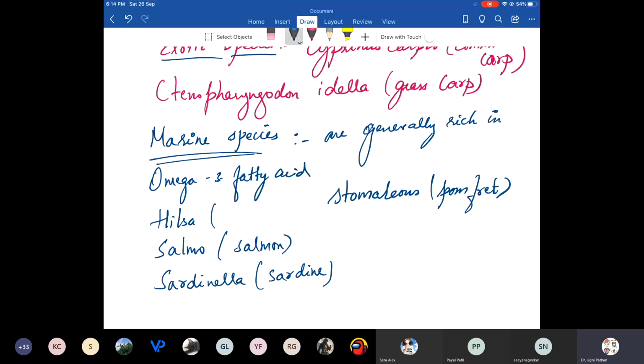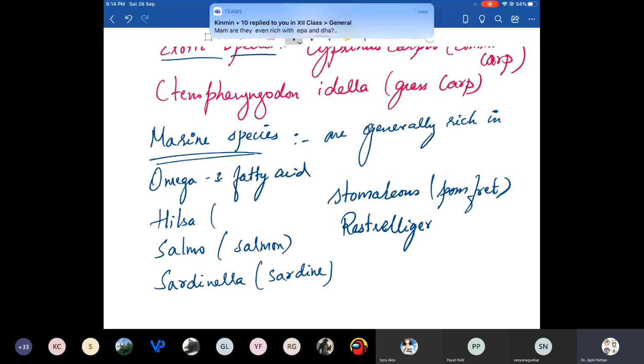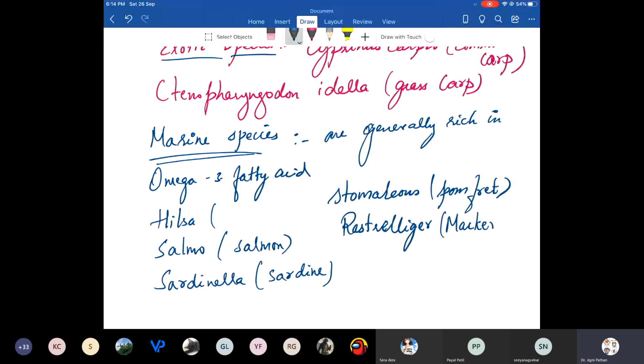Indigenous species, exotic species, marine fishes. Yeah, mackerel. You remember now all the fishes, okay? Mackerel. Yes, very good. Harpadon. Harpadon is which fish? Bombay duck. Have you eaten this?